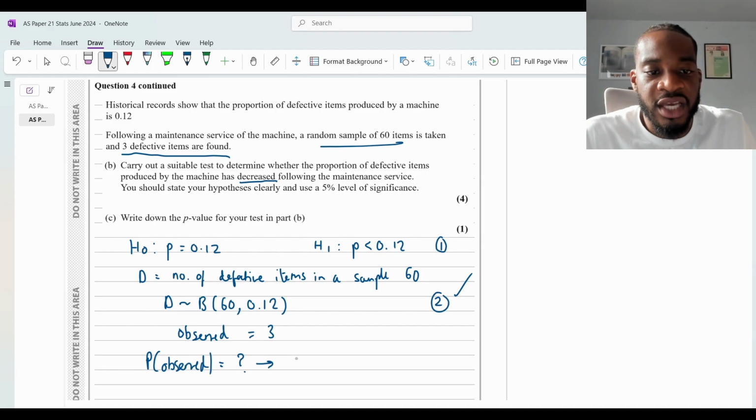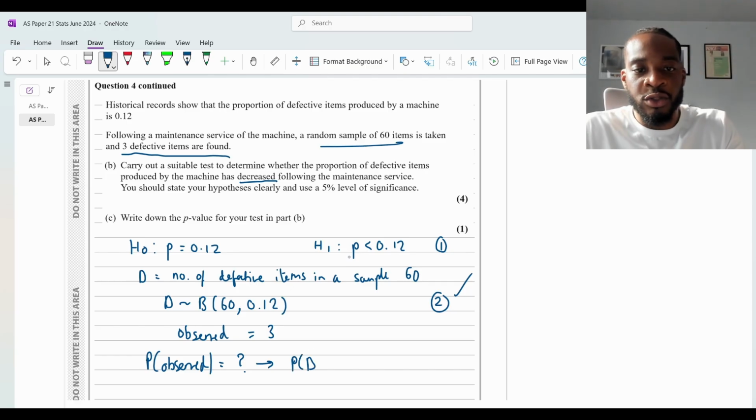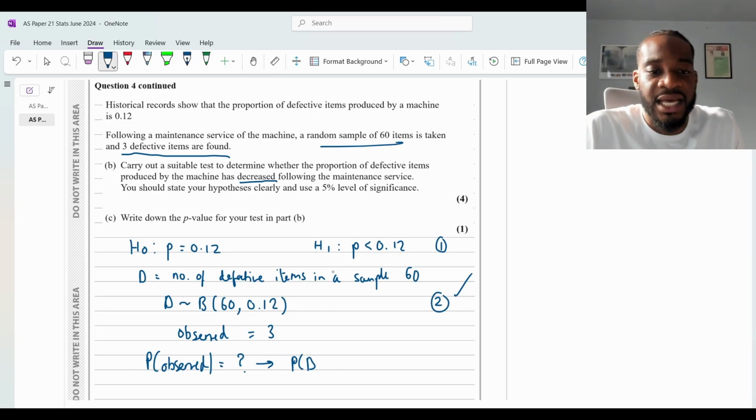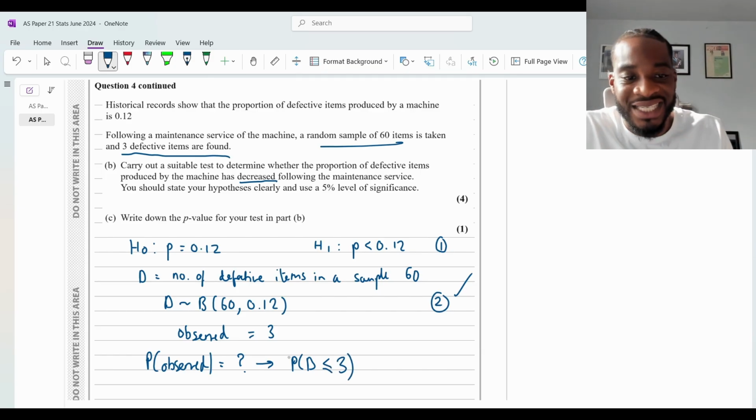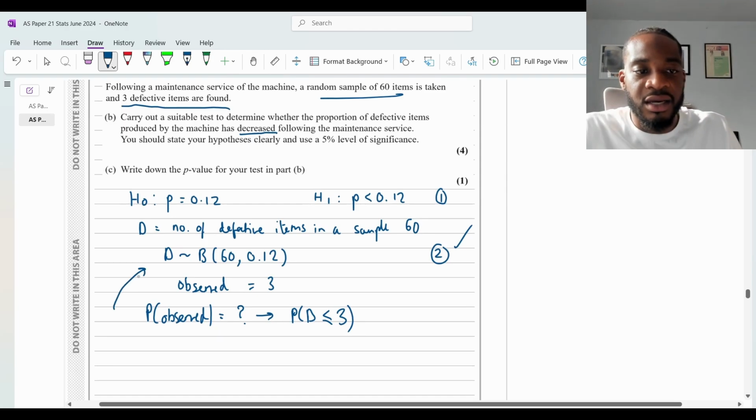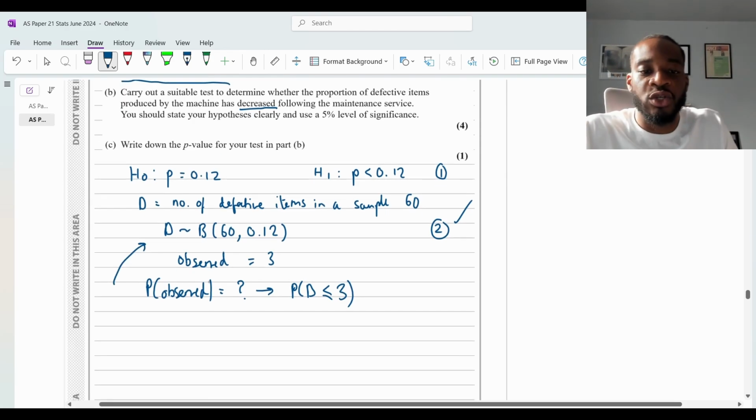What is this equal to? This is just equal to the probability of a defective item. Now, the alternative hypothesis is to the left, it's less than. It's always the same direction. It's going to be the probability of D being less than or equal to 3. We need to calculate this probability under these parameters. That's literally all we do here.